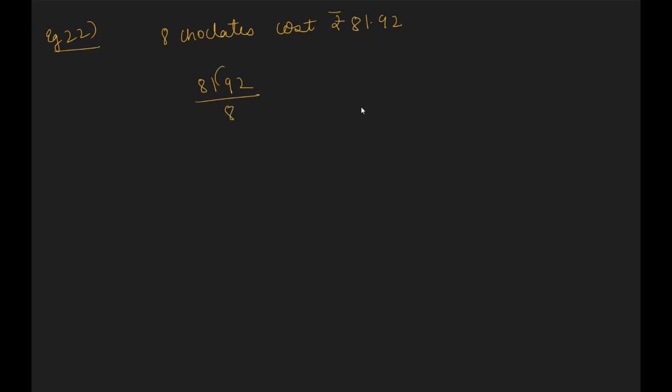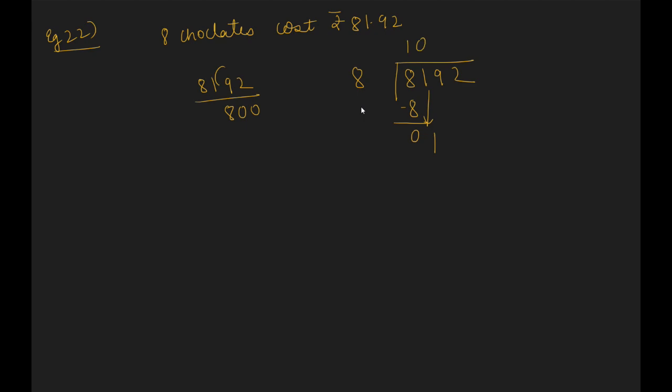So what you can do here, just remove the decimal, you get this as 8192, and this was 100. Now divide 8192 by 8. 8 ones are 8, 0. Okay, so 1 we have, we bring it down 1. So this 9 we have here, and 1 is smaller than 8, so we add a 0 here.